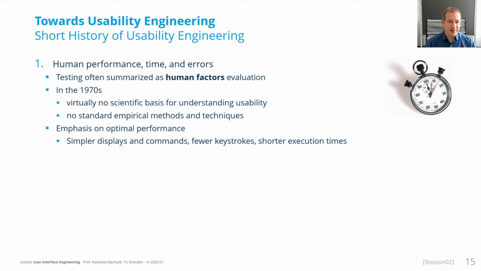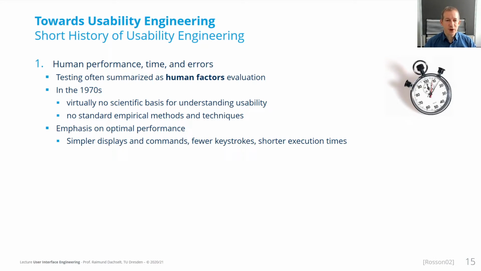So there was at this time no scientific basis for understanding usability. There were no empirical methods, at least not in the software engineering domain. Of course, in psychology there were already empirical methods, but no techniques which you could easily apply, so no knowledge about particular usability studies, for example, as we know them today.